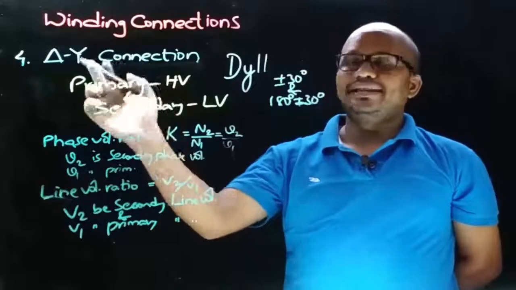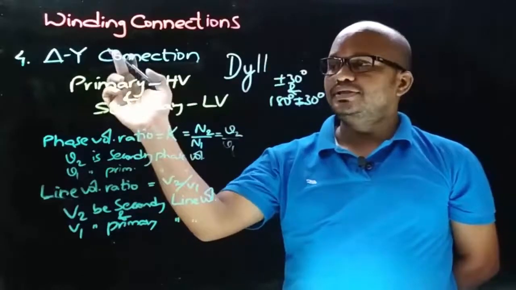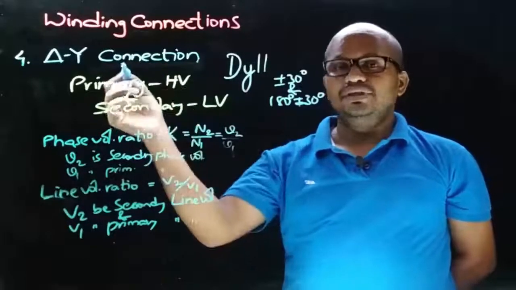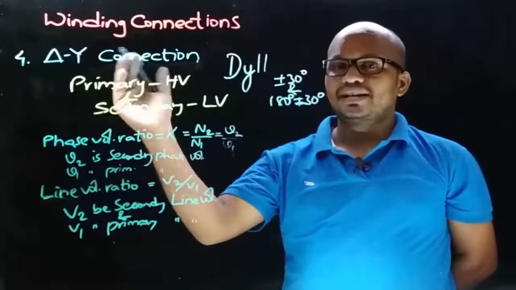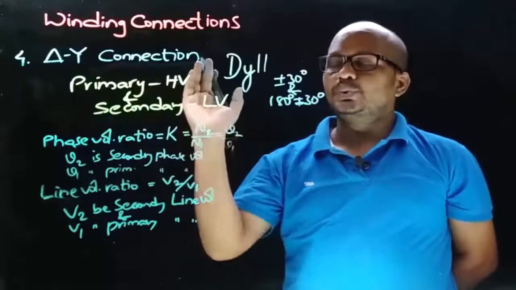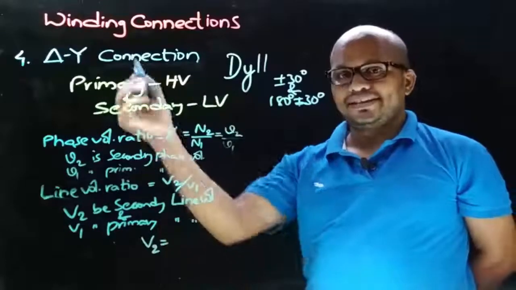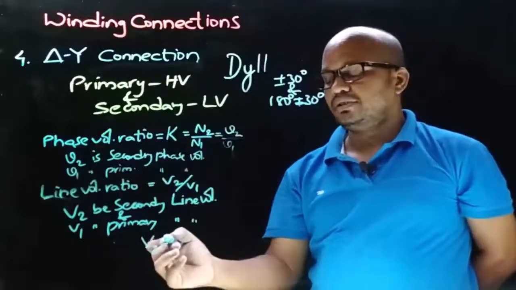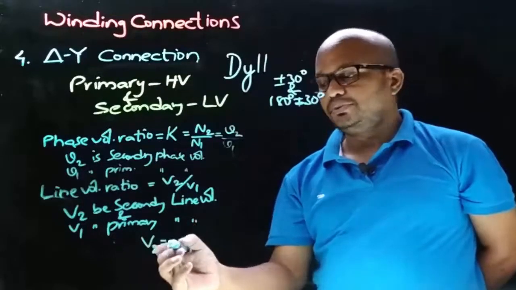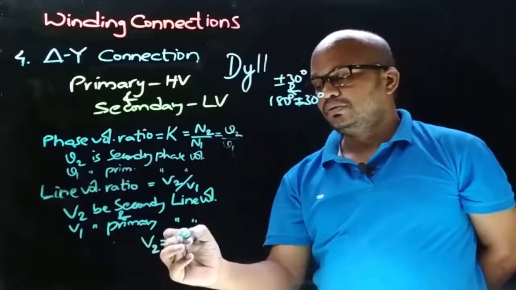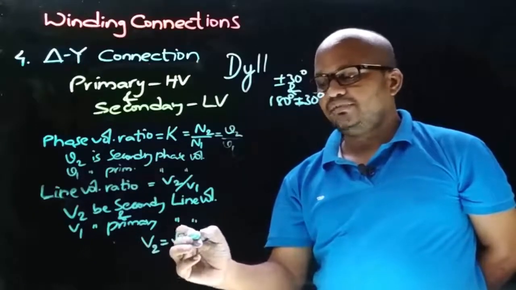Now observe the secondary side winding connection, which is a star, and the relation between line voltage and phase voltage for star connection is that line voltage is equal to root 3 times phase voltage. So for the secondary side, that is for star connection, the secondary side voltage V2 is equal to root 3 times the secondary side phase voltage.